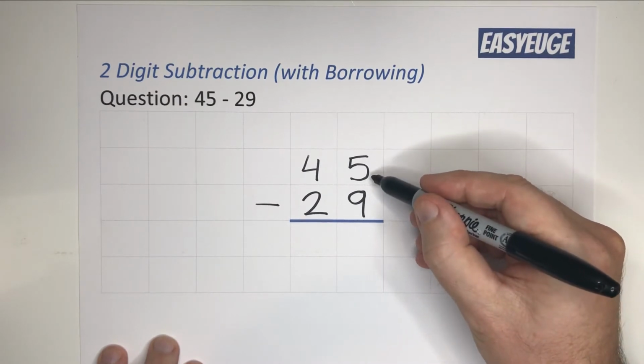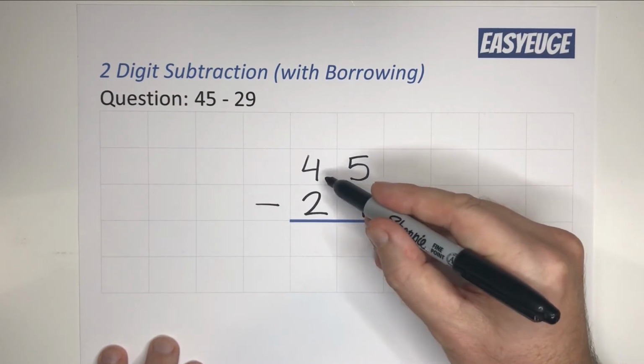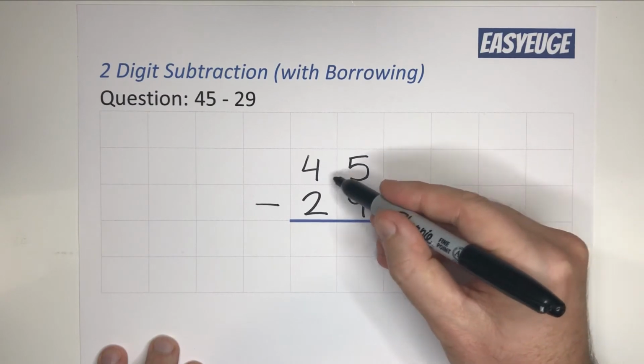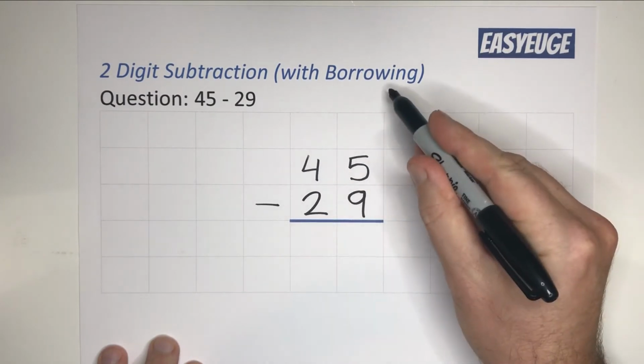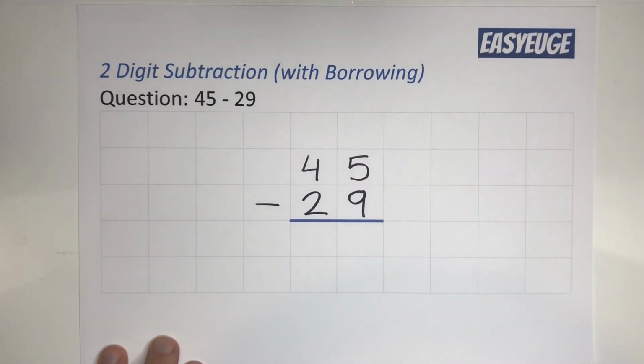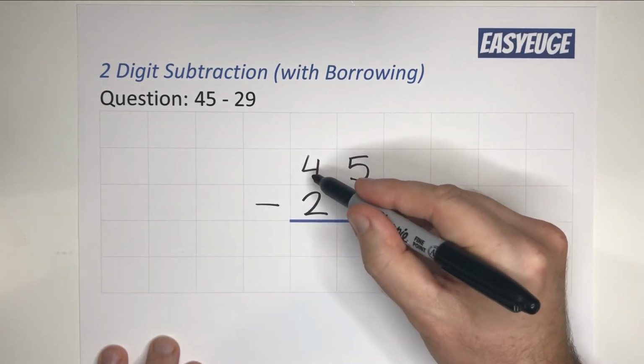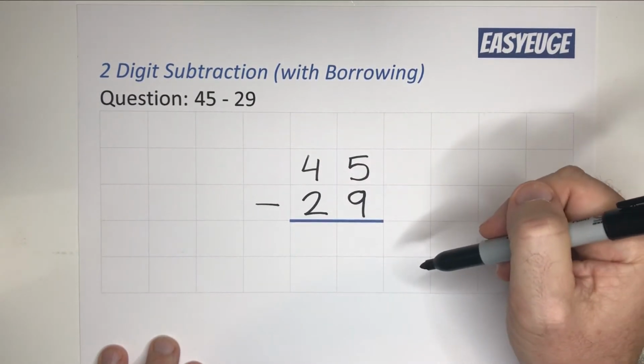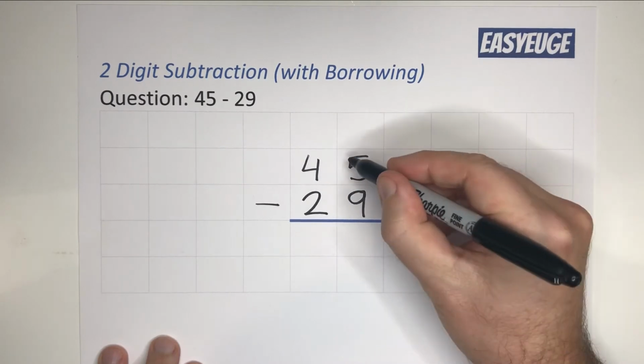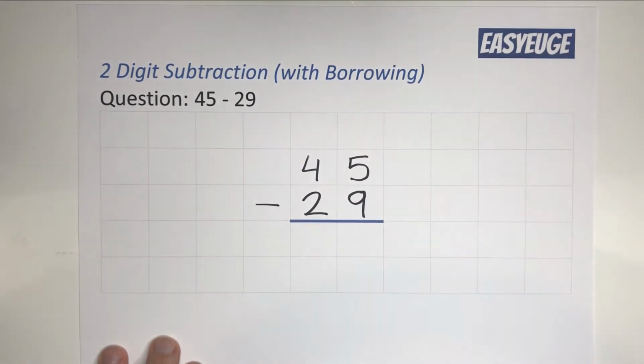So this 5 needs to go to the neighbour or move over to the next column and borrow a number. So let's borrow 1 off this 4 to make this 5 a bigger number.